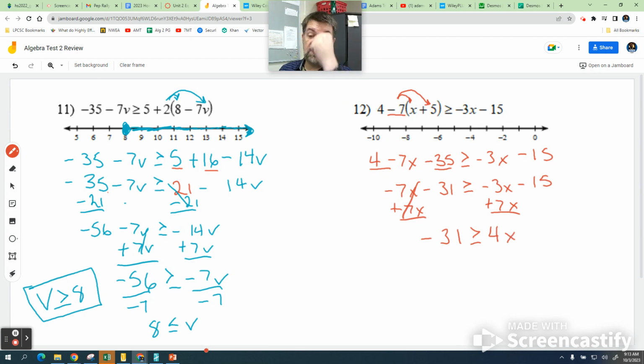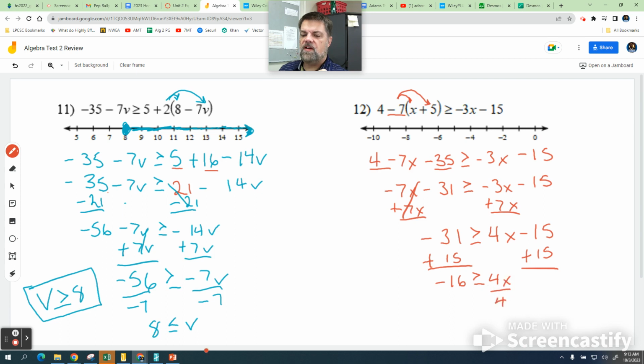Because 7 minus 3 is 4. Now I'm going to add 15 to both sides. So negative 31 plus 15, isn't that negative 16 if you plug it in a calculator?